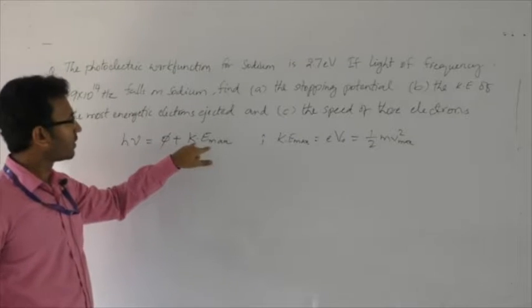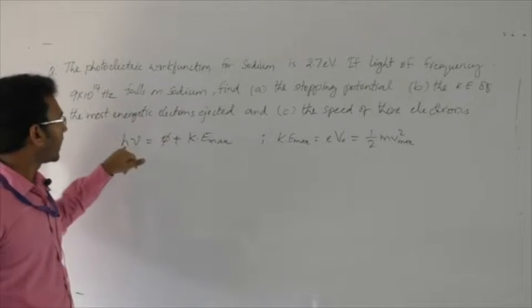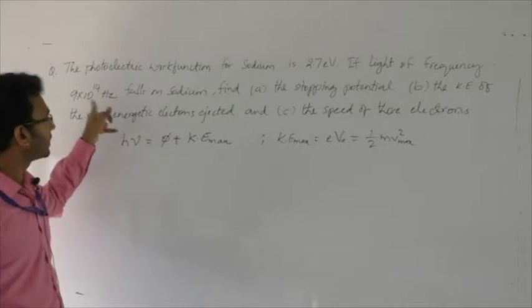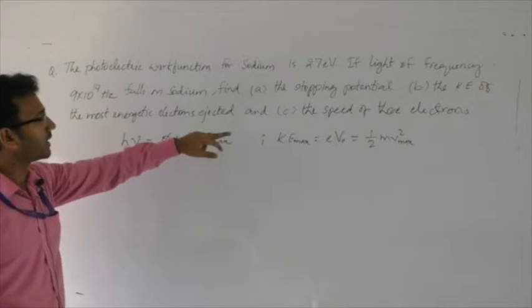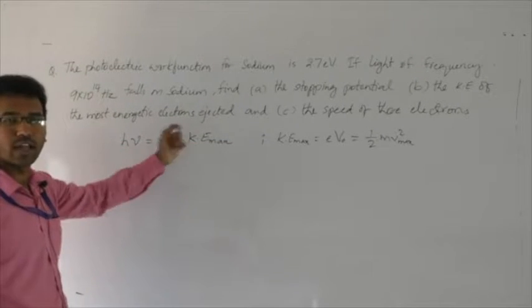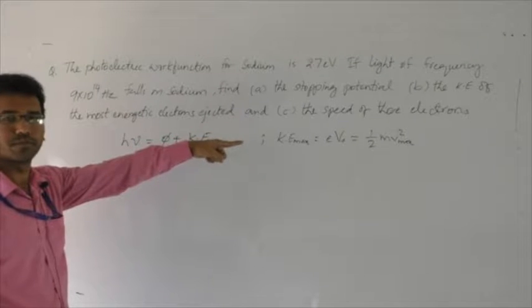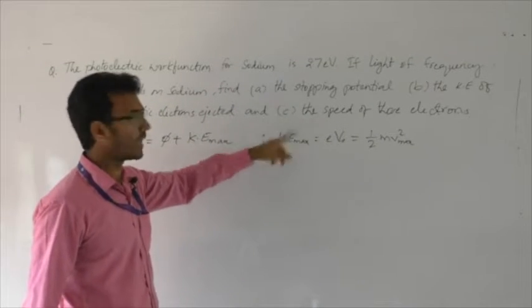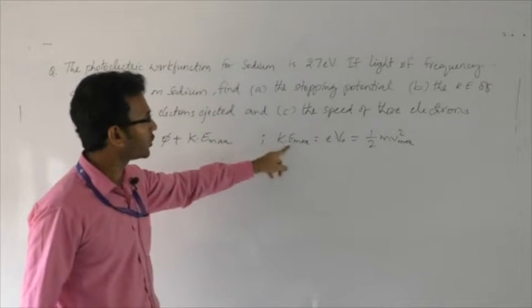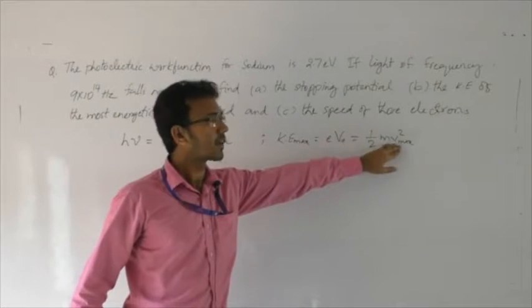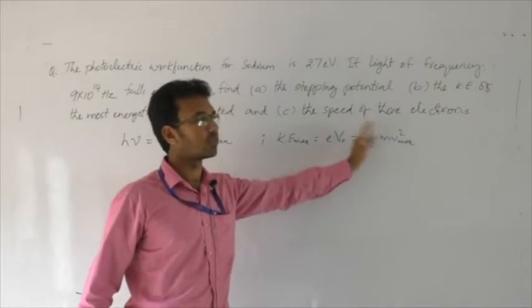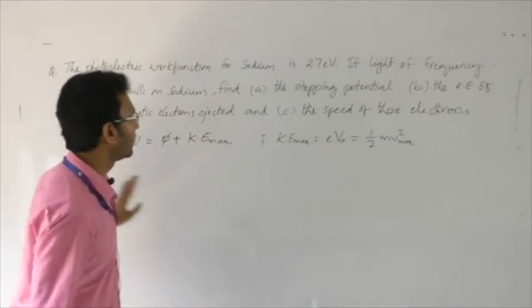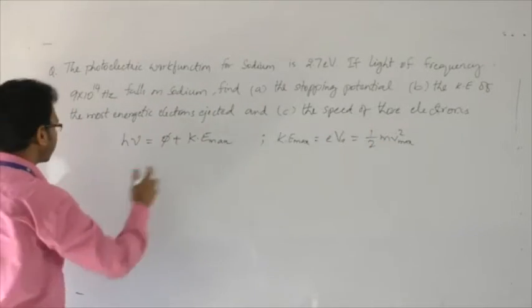So if you put eV0 here, the other values we know: h we know, frequency is given, phi is given, then e we know. So put the values, simplify it, you will get V0. Then put the value of V0 in this equation, you will get the kinetic energy, and then once you get the kinetic energy, you can find velocity of the electron from this equation. As simple as that. So first let's go for V0.